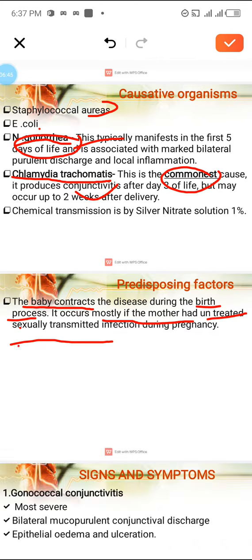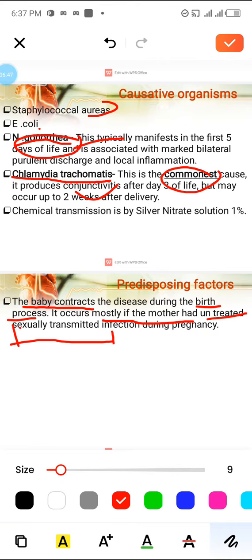So most of the time it's because the mother is not treated for that sexually transmitted infection, or STI. If that STI is not treated, it means that during delivery or during the birth process, the infant will acquire the infection through the birth canal.